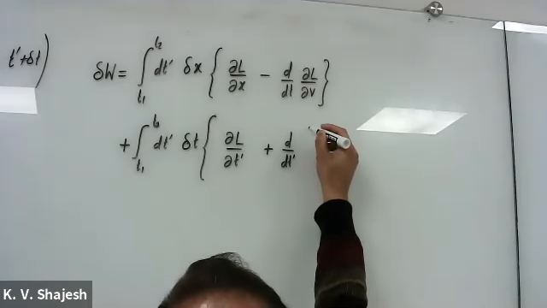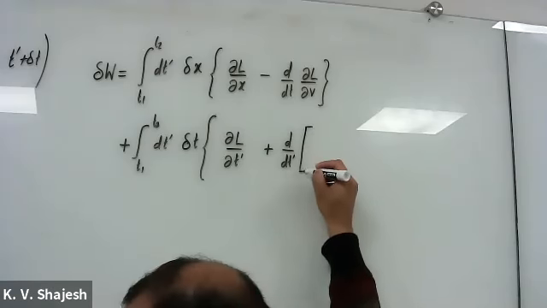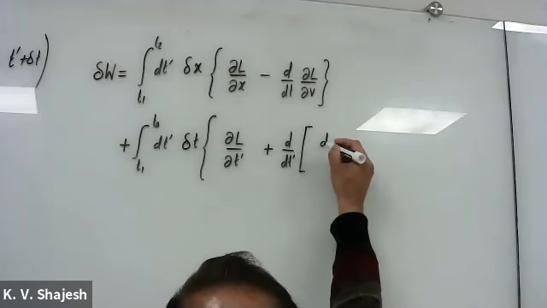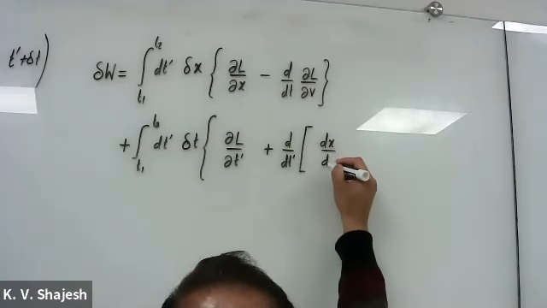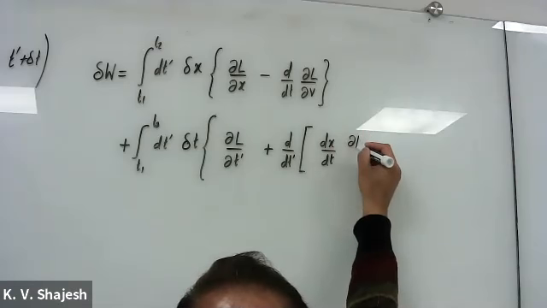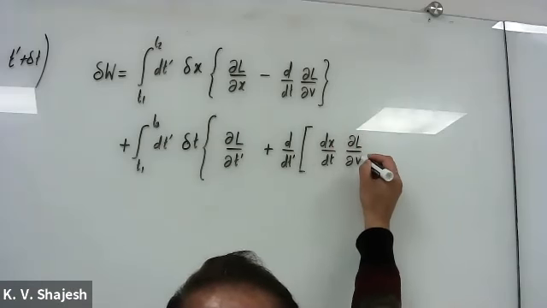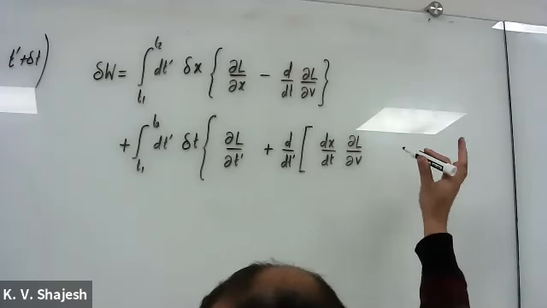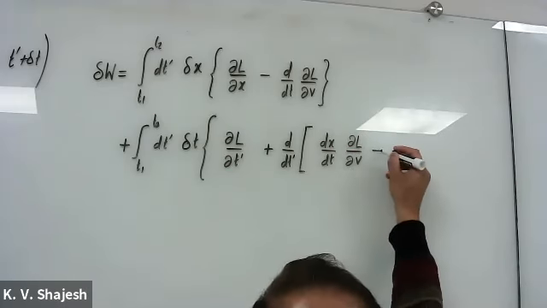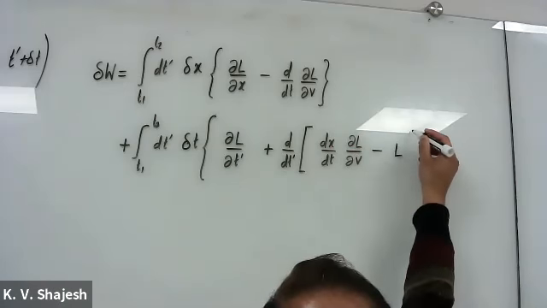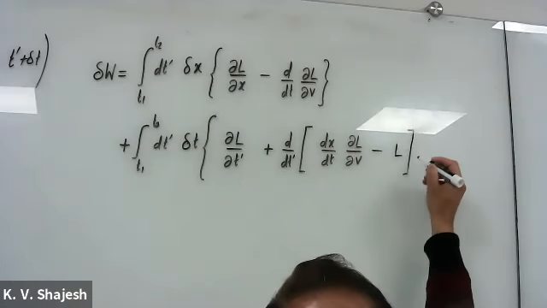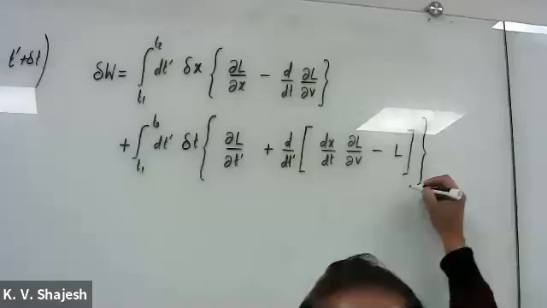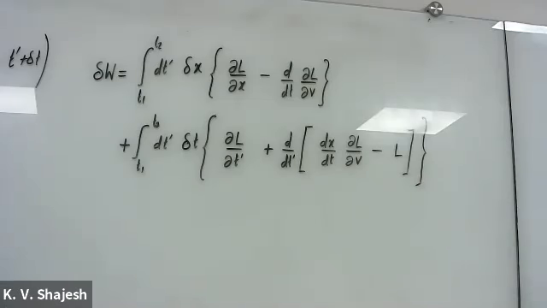Let me open a square bracket inside. This is dx/dt times ∂L/∂v, minus L. So I've written it in a very specific form.